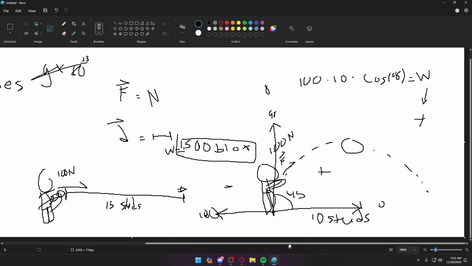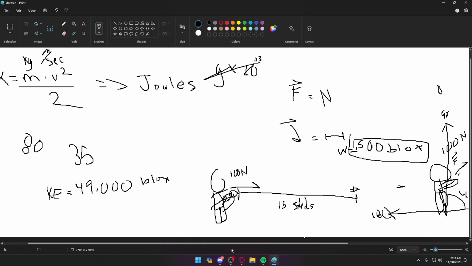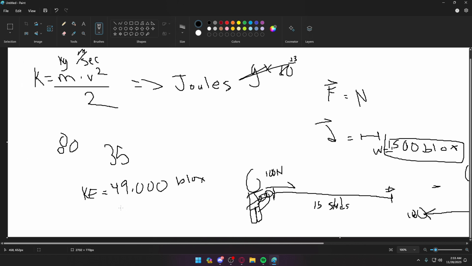Another shortcut you can use if you want to find work and you don't have your force, and you only have your kinetic energy, you can just do it as that. The formula for that is work equals kinetic final, your final kinetic energy, minus your kinetic initial energy. And we have this example right here of Gunner, with his kinetic energy being 49,000 blocks.